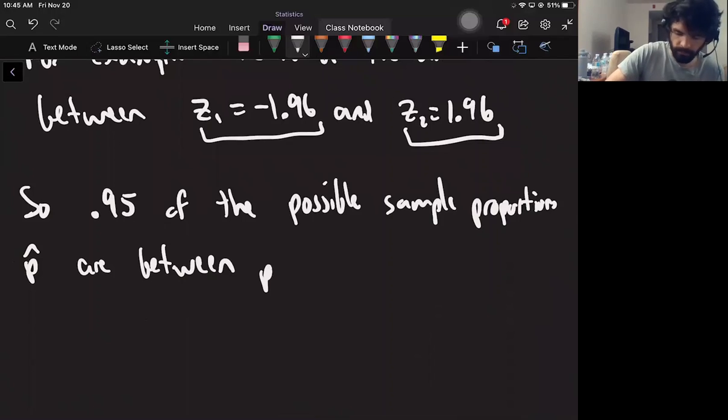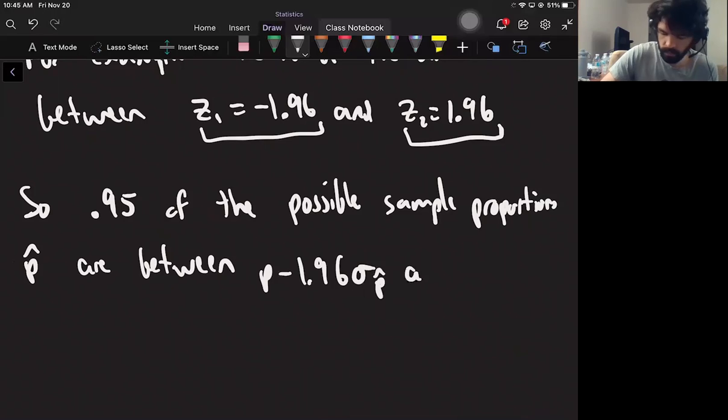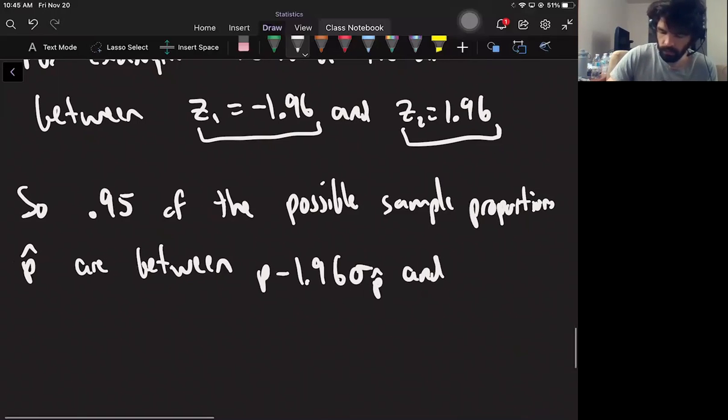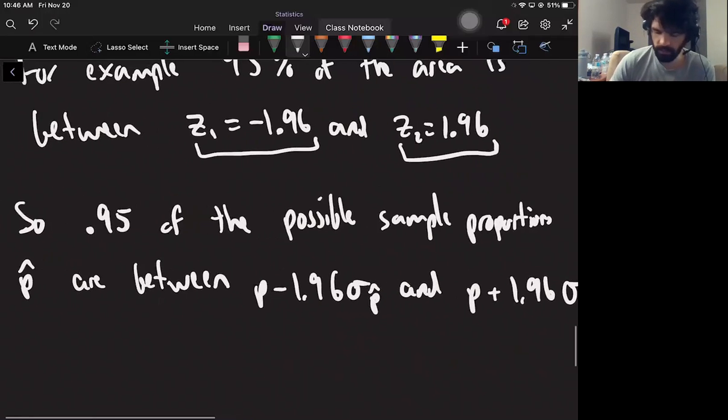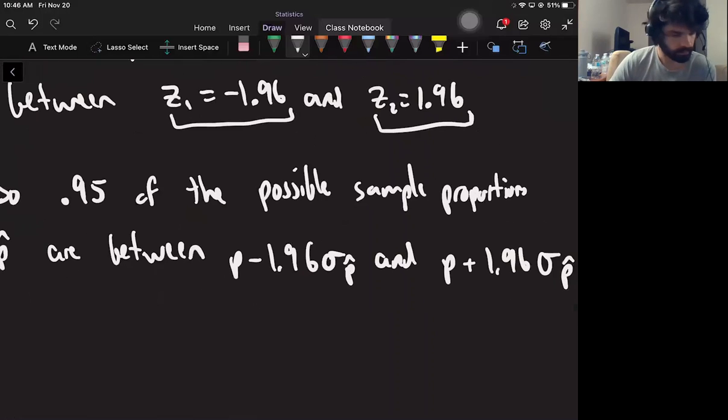So 95% of the possible sample proportions that you could get, if you take a sample proportion, are between these two numbers here. They are between 1.96 standard deviations from the middle.